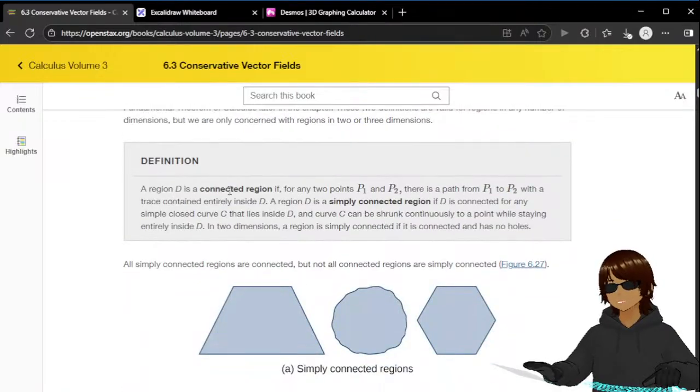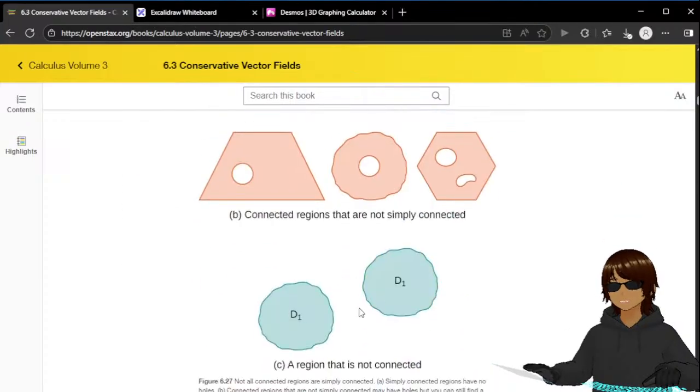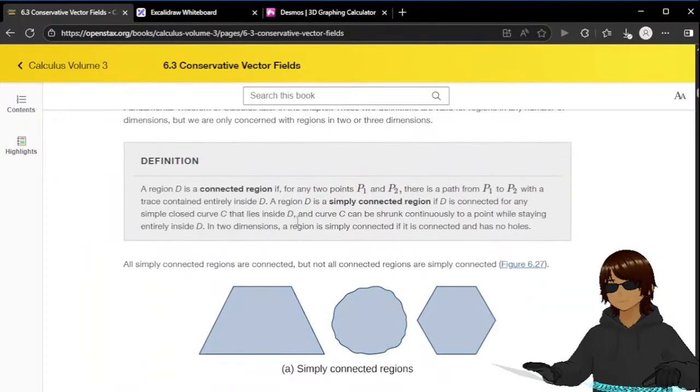A region D is a connected region if for any two points P1 and P2 there is a path from P1 to P2 with a trace contained entirely inside D. So this is not connected because if I have P1 over here and P2 over here, I cannot draw a path that is entirely inside the region.